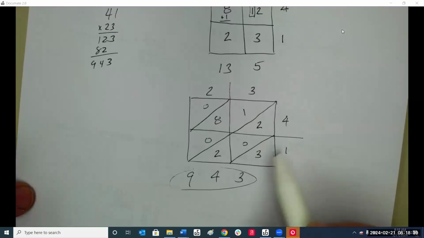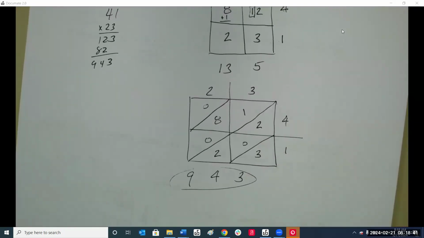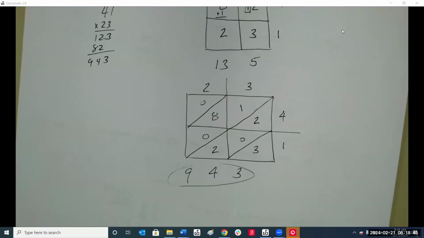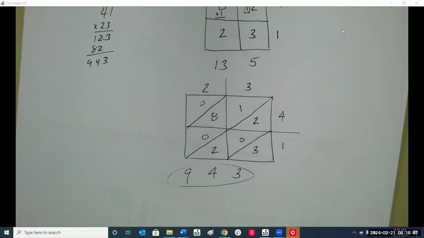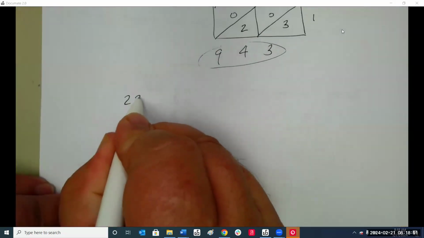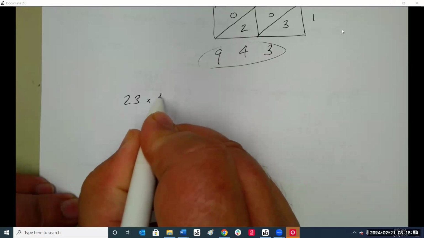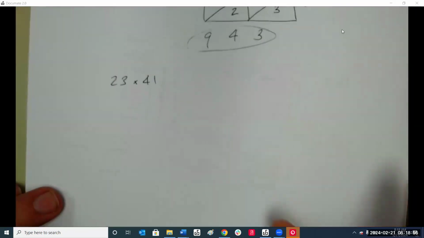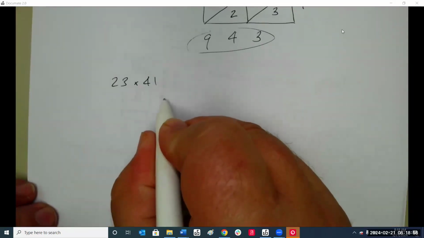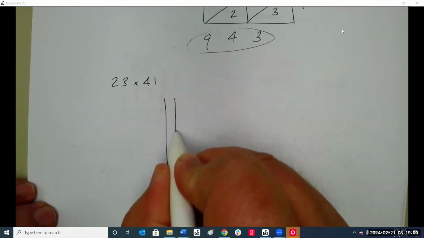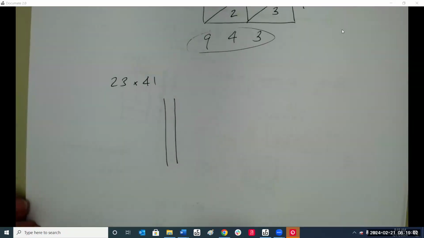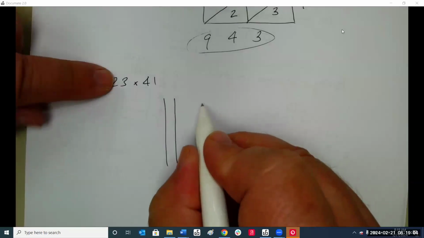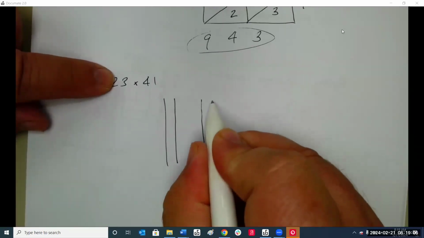So you could use the lattice. Remember, we introduced the lattice method in the addition. There's another way we can do this using lines. So how would you represent 23? So that's 2 lines. And then 3 is made up of 3 lines.